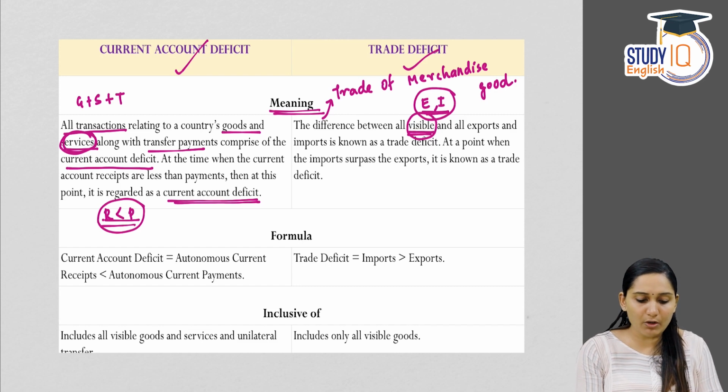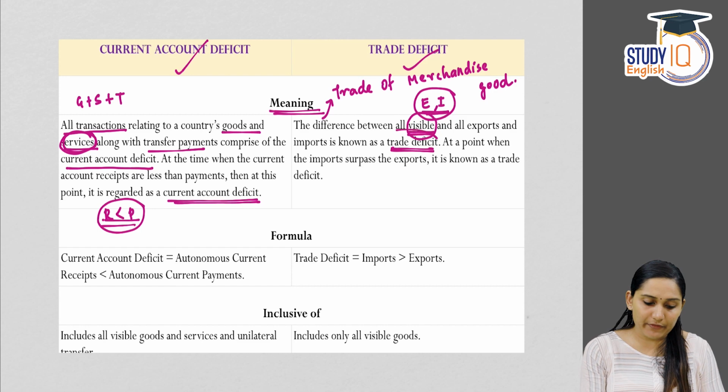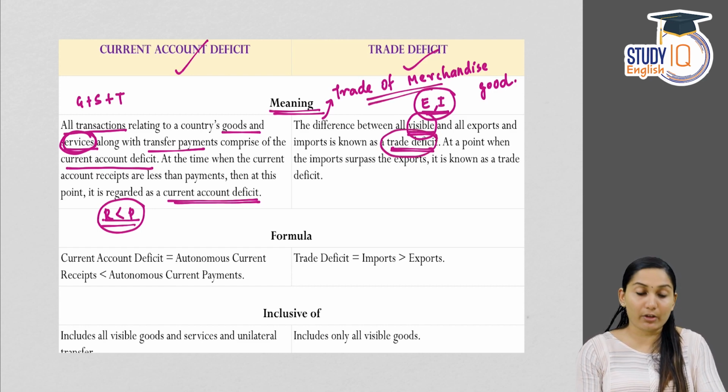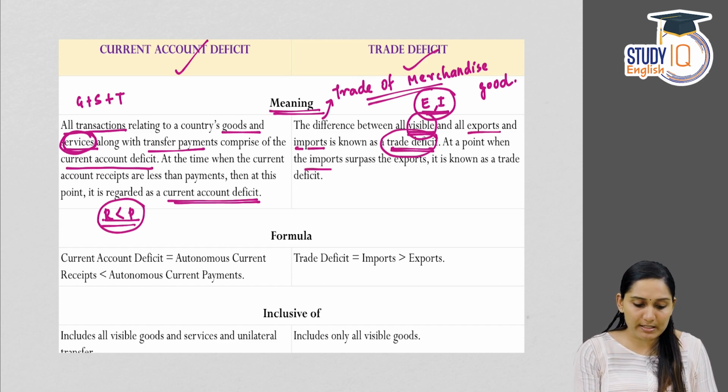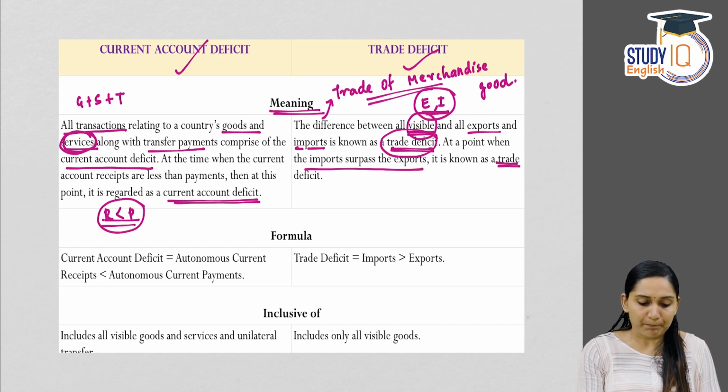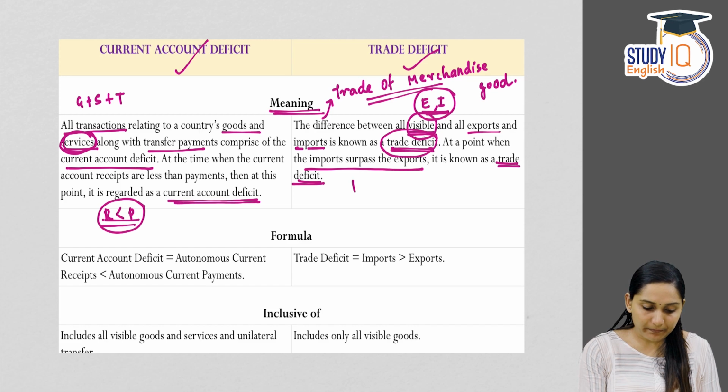The difference between all visible exports and imports is called a trade deficit. So only the visibles are accounted for in a trade deficit, that is exports and imports. At a point when the imports surpass the exports, it is known as trade deficit. So trade deficit is when the imports are higher than exports.